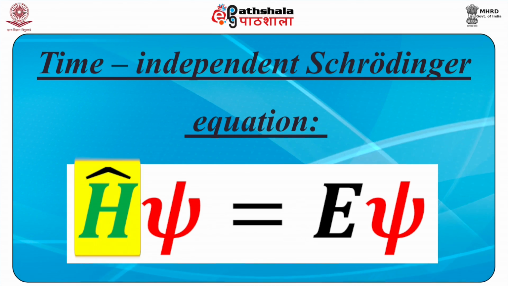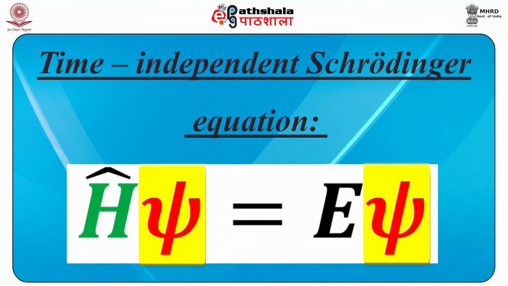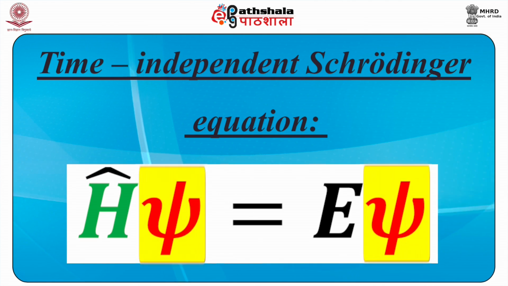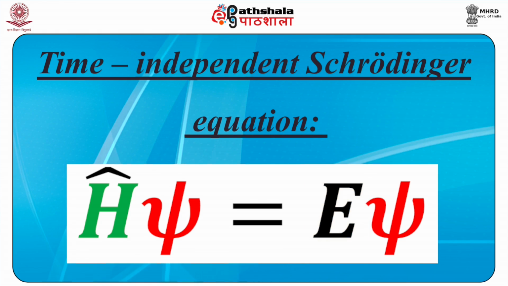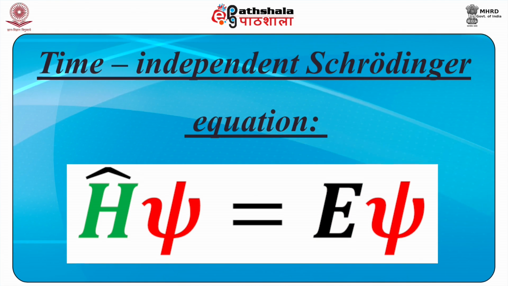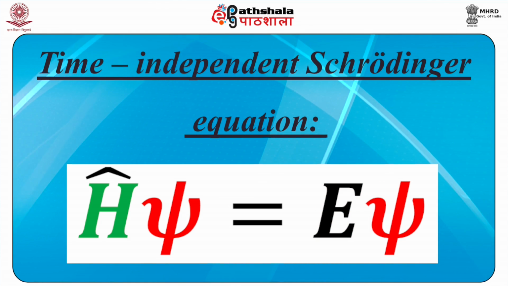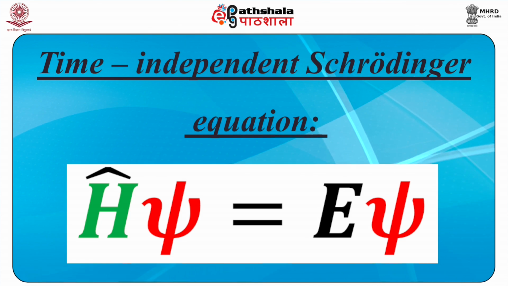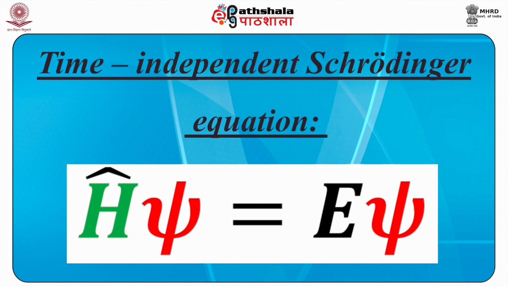Here H cap, as already mentioned, is the total energy operator, psi is the wave function, and E is the total energy of the system. Please remember, there is a difference between the total energy E of the system and H cap, which is the corresponding operator for the total energy. So this difference must be very well understood.